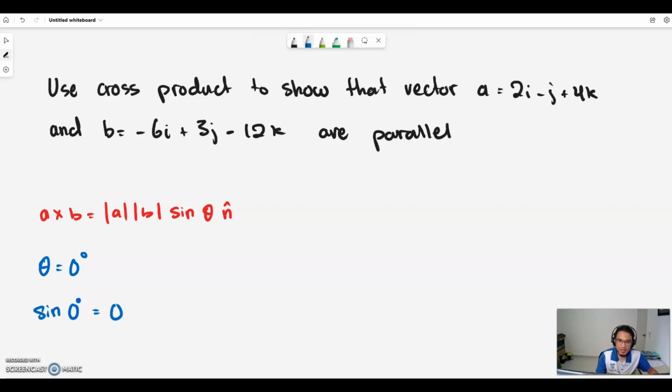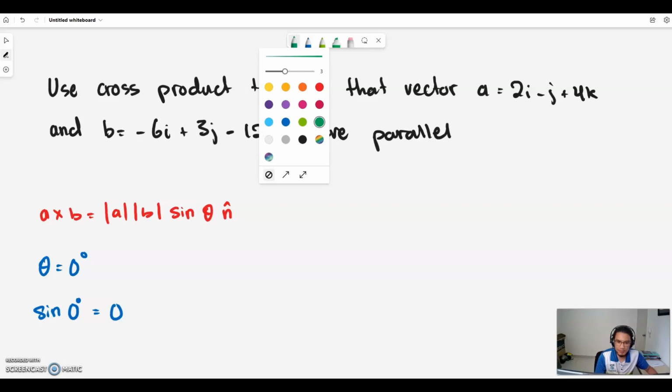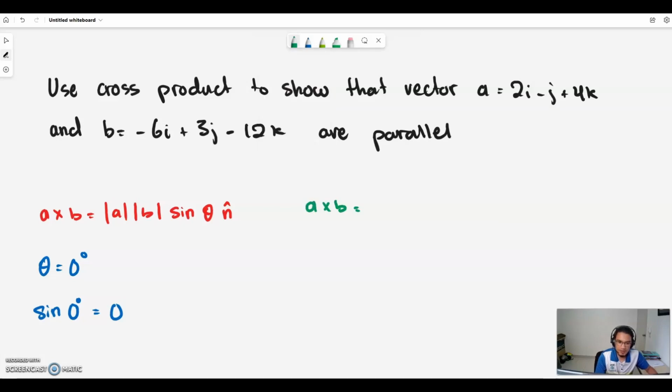Alright. So in order to show these two vectors are parallel, we use the method of the determinant. So then we take A cross B. We create the IJK matrix. Then the second row is the vector A, 2, -1, 4, and the third row is -6, 3, and -12.